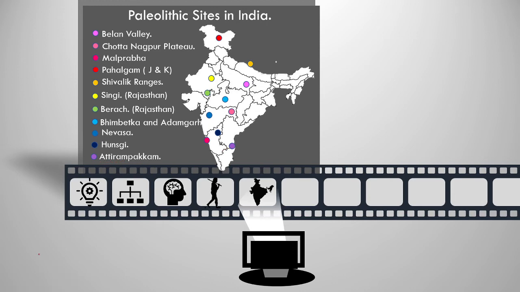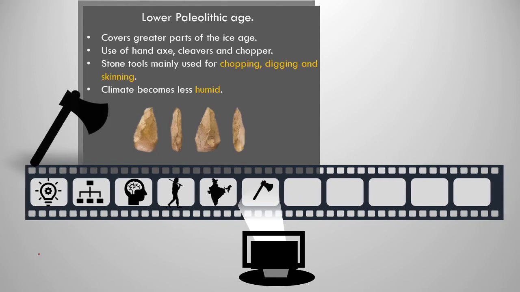Now let's have a look at the phases of the Paleolithic age. First comes the Lower Paleolithic Age. Remember these things which I'm saying. The Lower Paleolithic Age covers greater parts of the Ice Age.